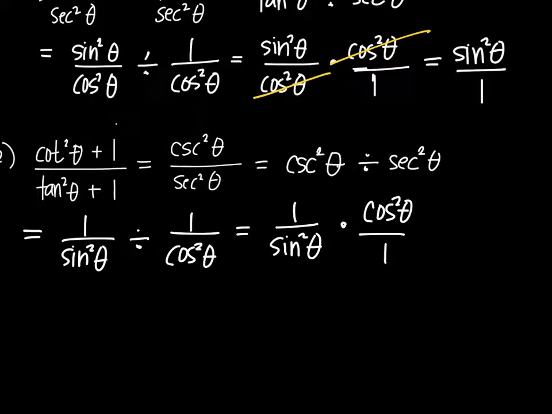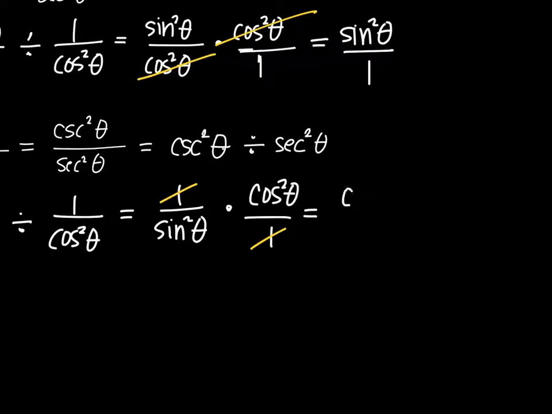The 1s are reducing, but nothing else, leaving me with cos squared on the top and sine squared on the bottom. Who knows what that is? Good, Rose. All right, and that is cotangent when you have cosine on top, and that is the most simple that it could be.